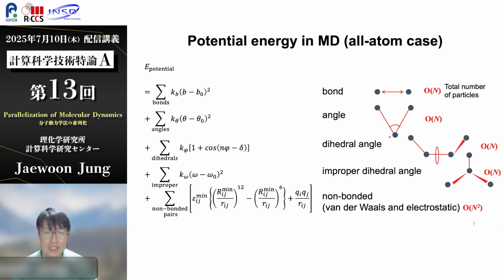So these are not so time consuming. On the other hand, in the case of non-bonded interactions, which include van der Waals and electrostatic, because we need to consider all atom pairs, the computational cost is order of N squared. So this non-bonded interaction is the main bottleneck in MD simulation.